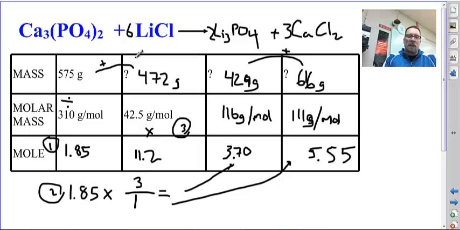If I add these two together, that number is equal to 1047 grams. If I add these two together, that number comes out to be equal to 1045. And I think that's close enough, with a little rounding for my sig figs and my atomic mass, to say that's it. But as you look at that example, we did the same things 3 times.